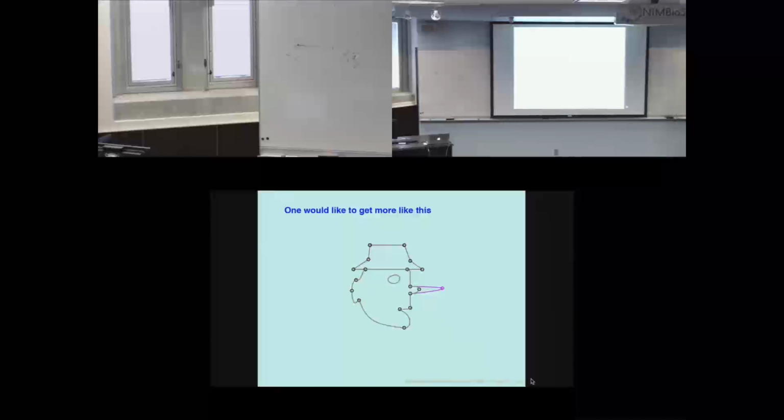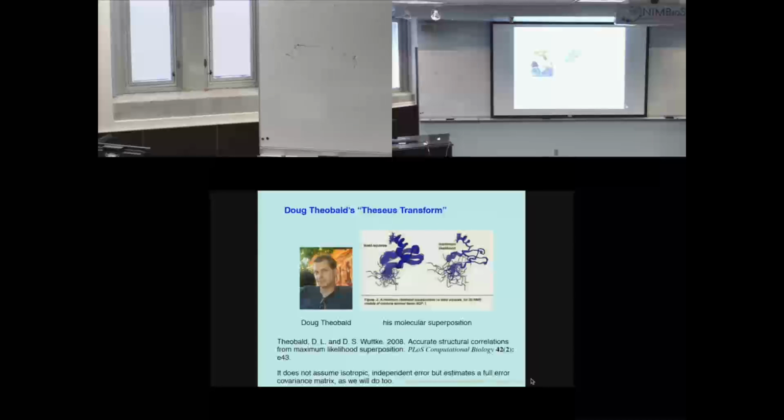Well, this issue has been faced by somebody else other than us at the same time. And that's Doug Theobald, who's a very good molecular phylogeny and protein structure person who was at Brandeis University. And what he was doing was superposing backbones of proteins.